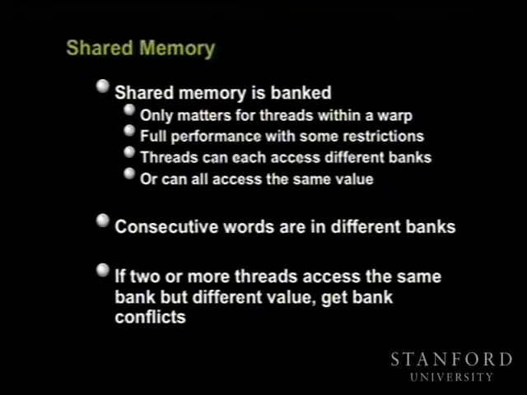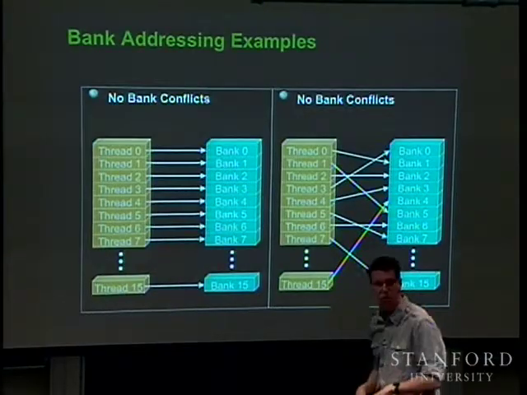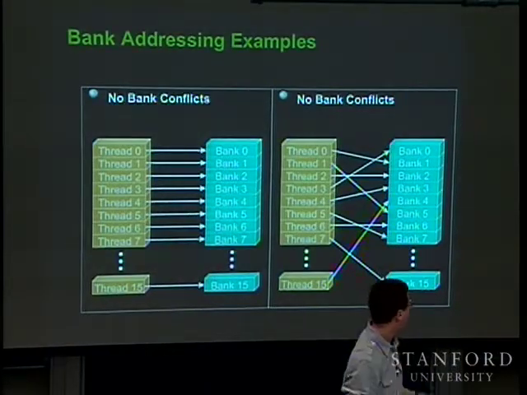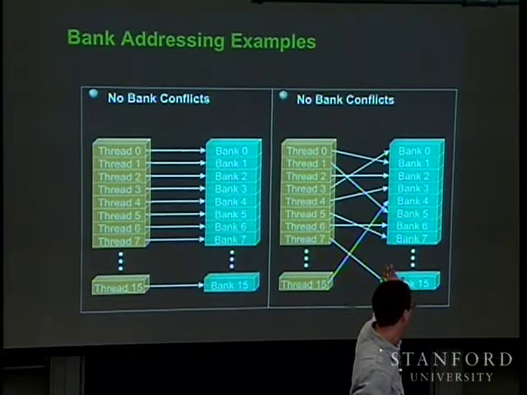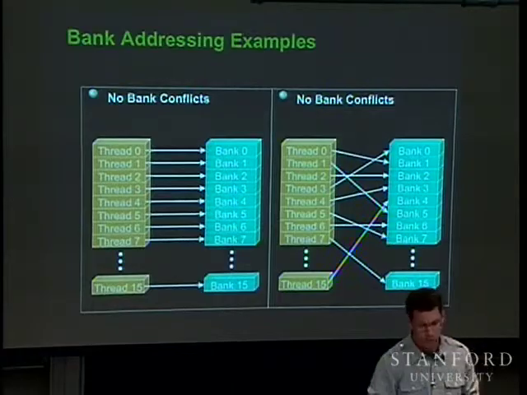It's a one-to-one mapping, and it's fine. That's the case here on the left. If you have another pattern where you're going all over the place, but it's a full permutation, that's still fine. Full performance either way.